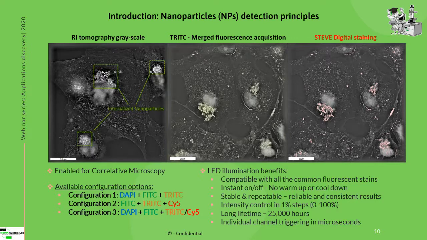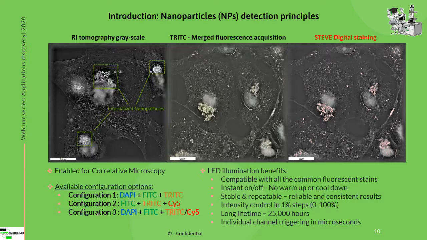But as you can see on the right, there is also a third option. That one is called digital staining. It's part of the Nanolive software, and it's a threshold tool that the software allows you to use in order to make a pseudo segmentation of the components of your acquisition based on the optical density.